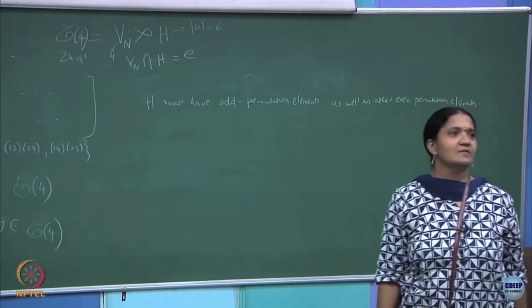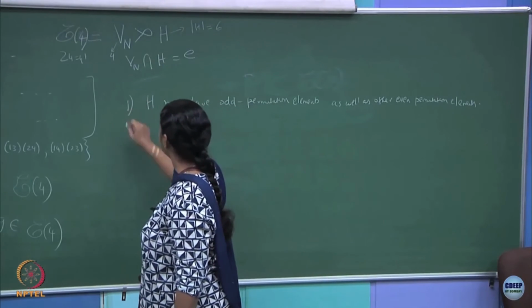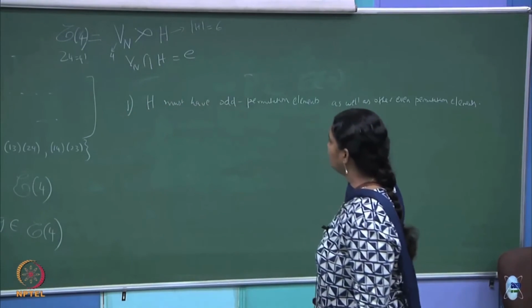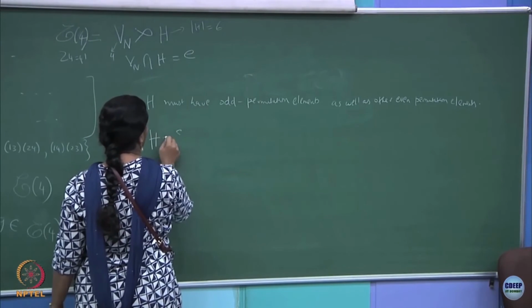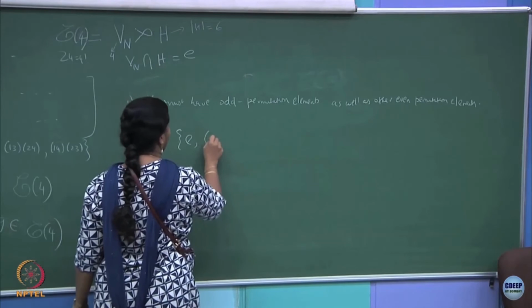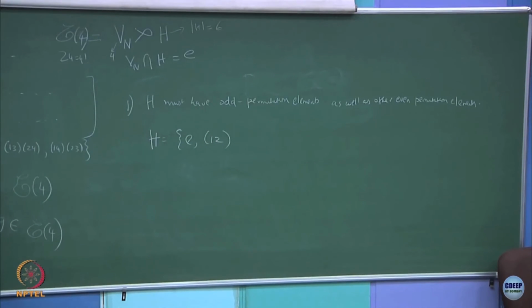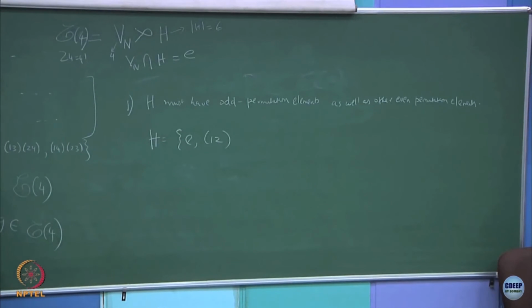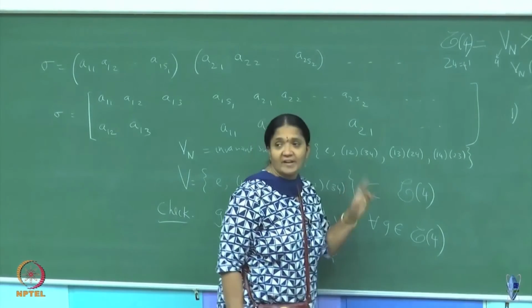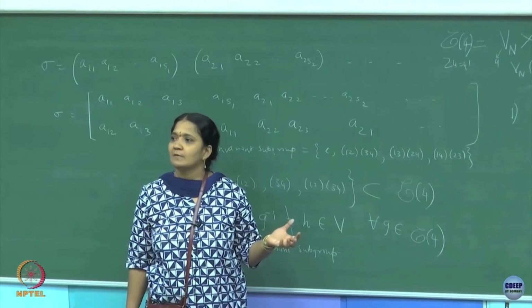So, that is the first observation we can make. So, using this let us start generating. So, let us write H to be identity, let us write 1 2. If I take 1 2 with this 1 2, 1 2 squared is identity, 3 4 is generated. So, I do not need to write 3 4. Is that clear?